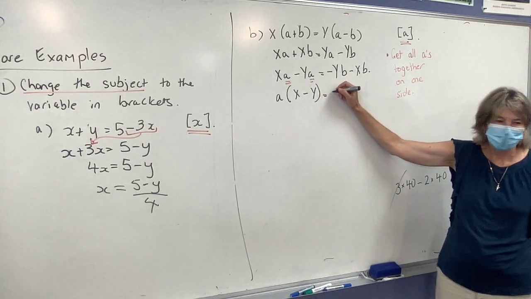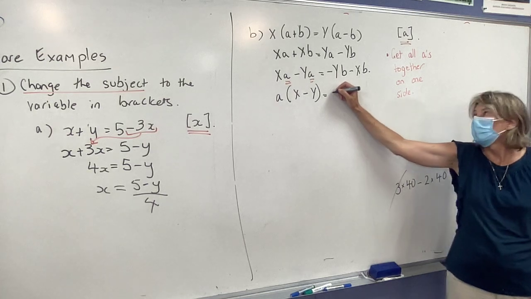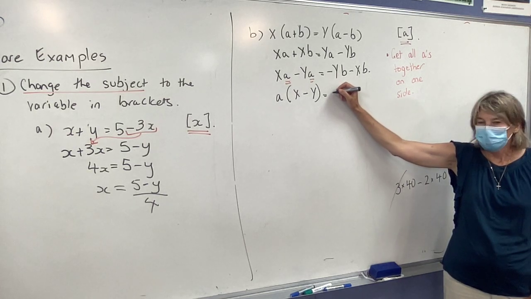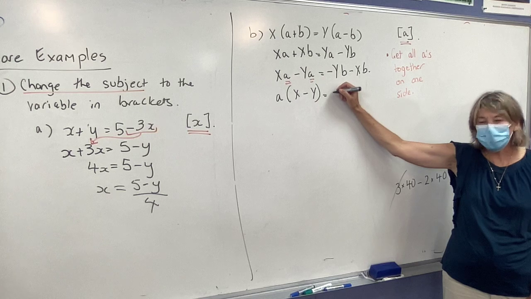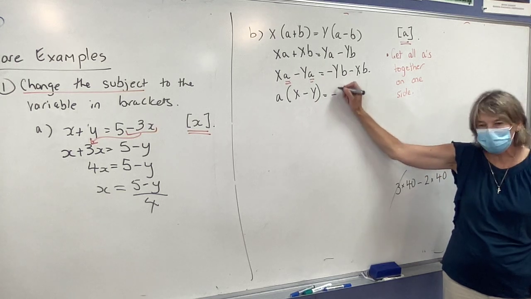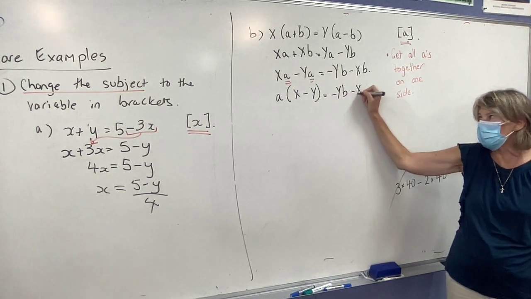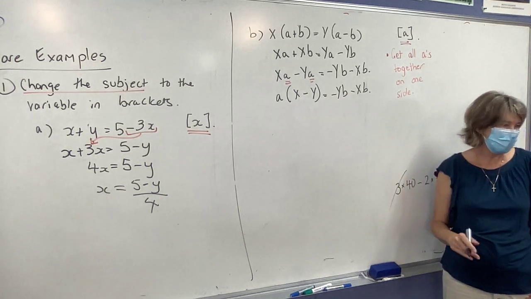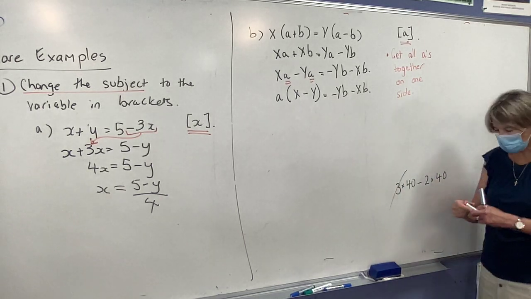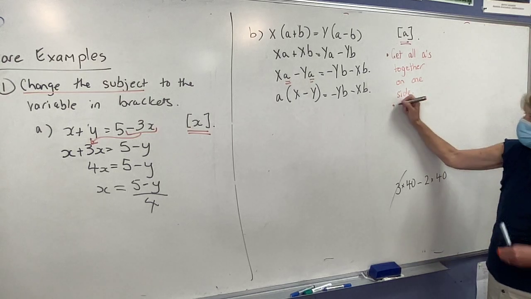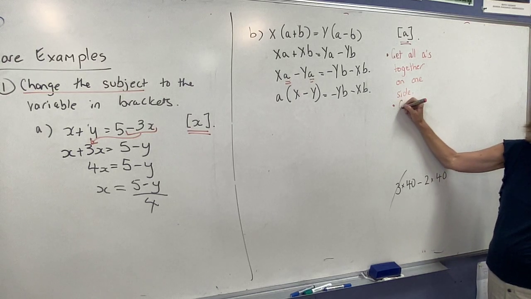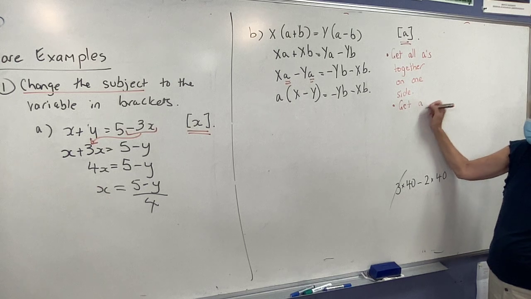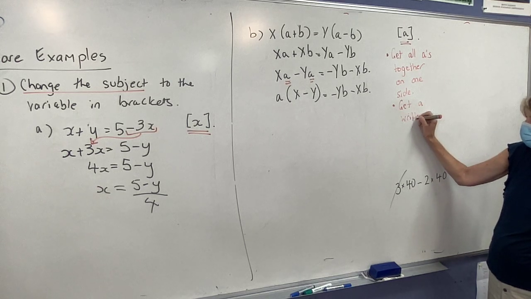Equals B in the brackets minus. Now you can do that over here, but you don't have to. So I'm not going to do it just because it's an extra thing that you might just muck up. So let's just leave that. Now, the next step, what actually happened here is you have to get A written once somehow.